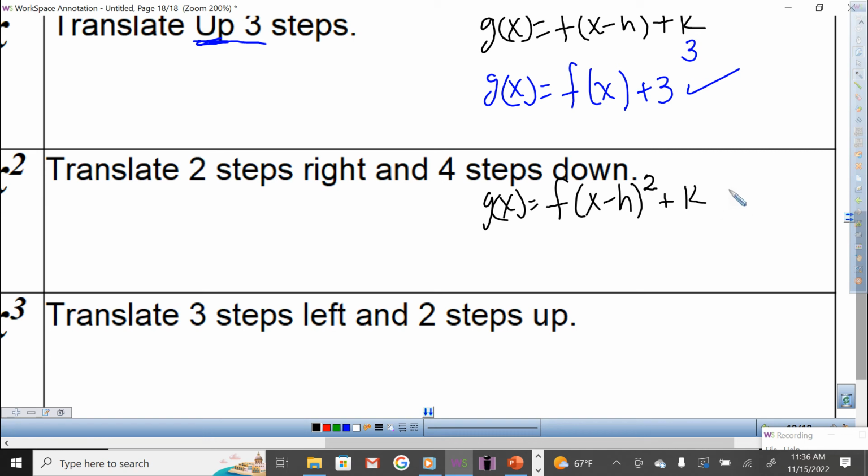All right, so with that said, it says translate 2 steps right and 4 steps down. Think about it. Where am I going to substitute that? Tell your neighbor, please. So like that, Fredo can pass it to someone. All right, Fredo, go. Diego. Rosas.